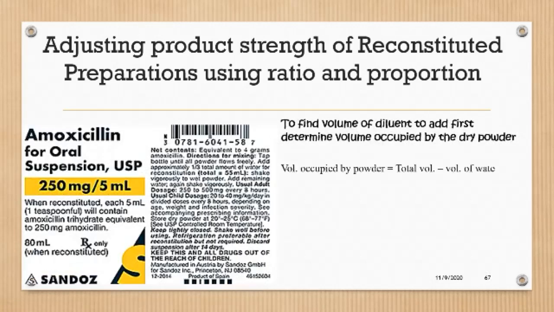Based on the stock bottle information, we know that we are going to add 55 mL to make an 80 mL reconstituted suspension. So if we're adding 55 mL to the powder to end up with 80 mL, then the volume occupied by the powder is 25 mL.